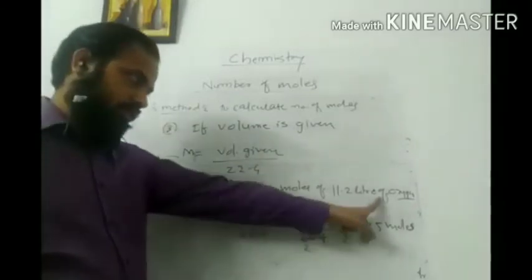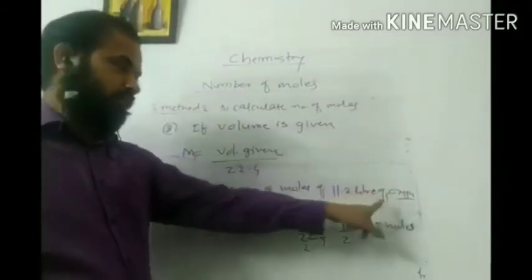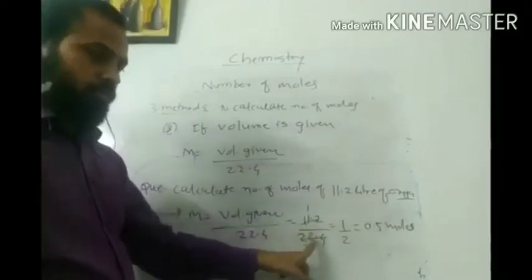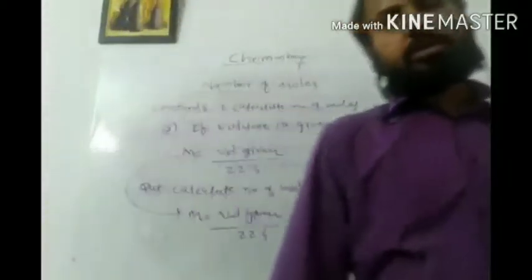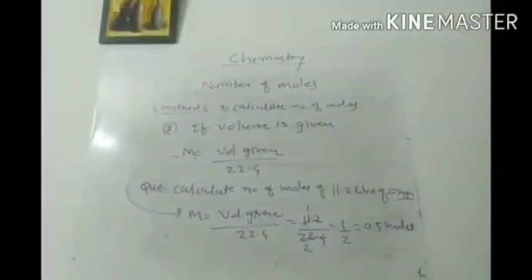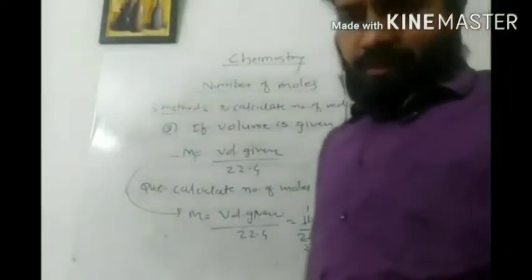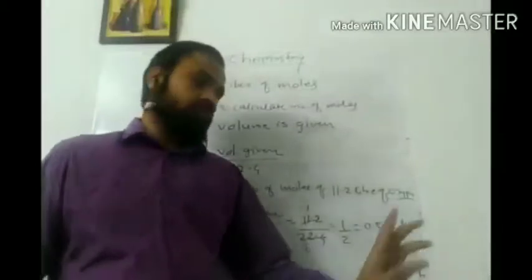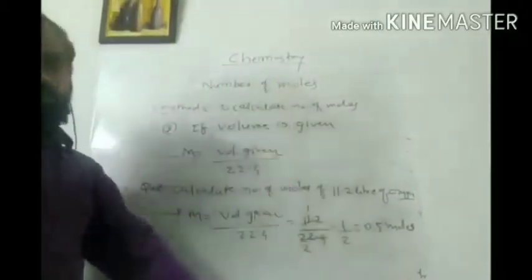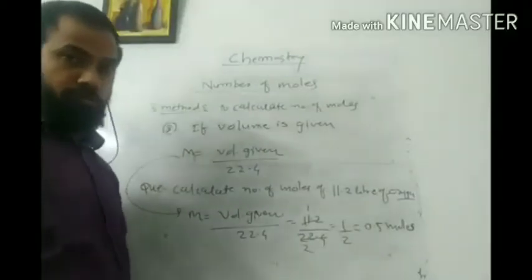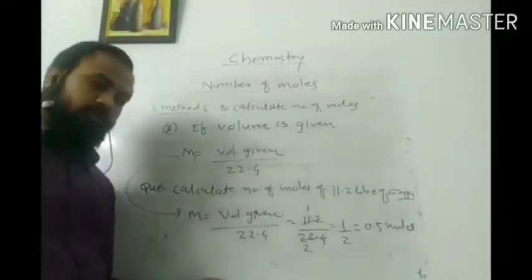In this example, 11.2 liter of oxygen is given, so it becomes 11.2 divided by 22.4, which is 1 by 2 or 0.5. So 11.2 liter of oxygen contains only 0.5 moles. I hope this concept of number of moles is clear to you all. You can take a snapshot, and we will proceed.